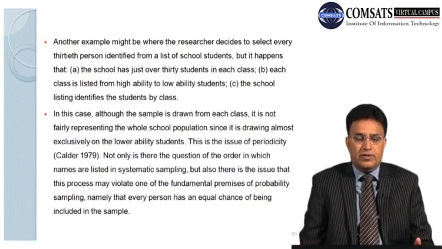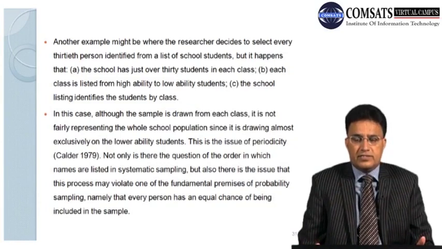In this scenario, although the sample is drawn from each class, it is not fairly representing the whole class population, since it is drawing almost exclusively on the lower ability students.